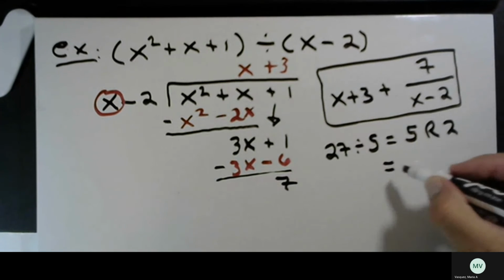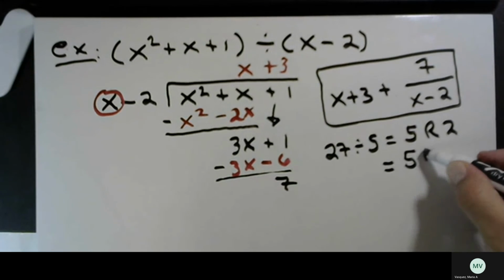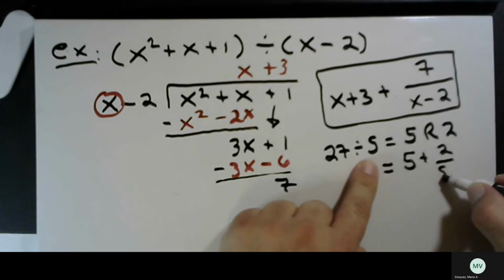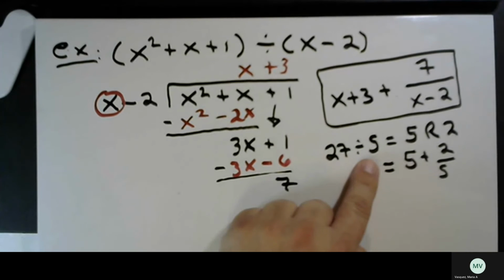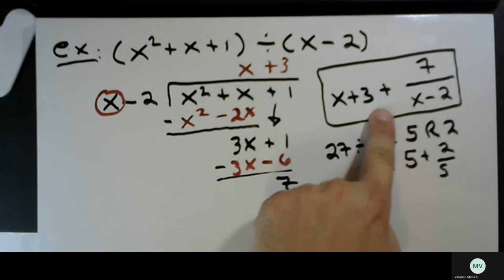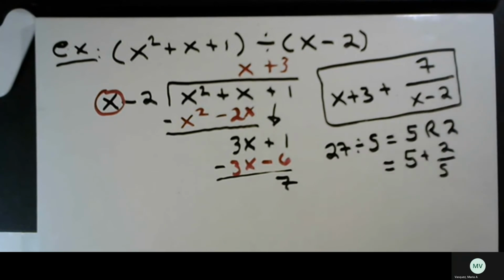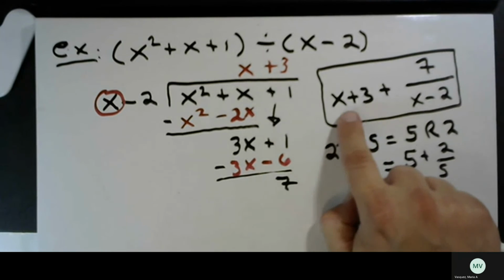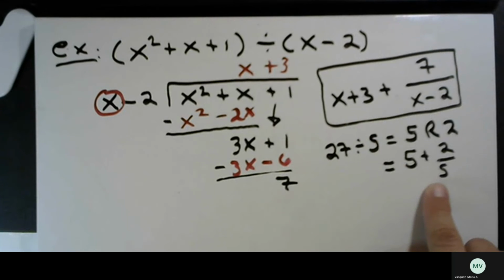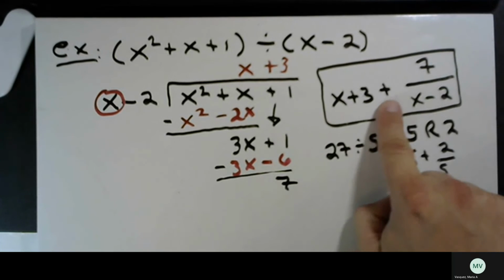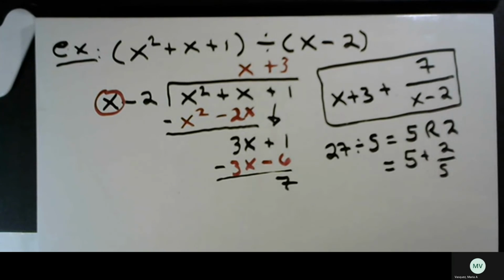So the way we write this, another way of writing is 5 plus 2 over the divisor 5. That's the other way of putting this. So we're going to do the same thing with polynomials. You could answer and say this is x plus 3 remainder 7. That's perfectly fine. But you could also say, we can put it in this other form, it's x plus 3 plus the remainder divided by the divisor. Okay.